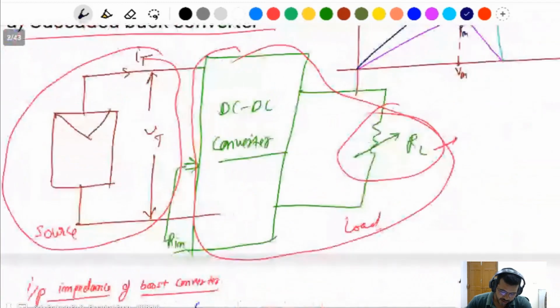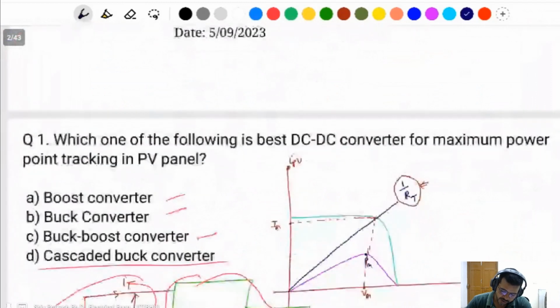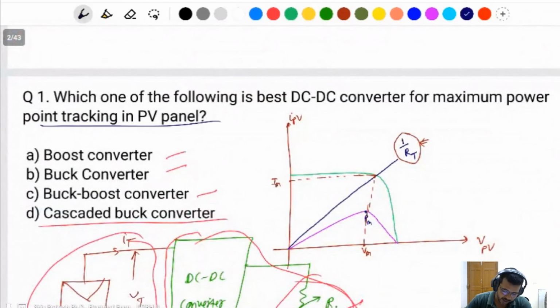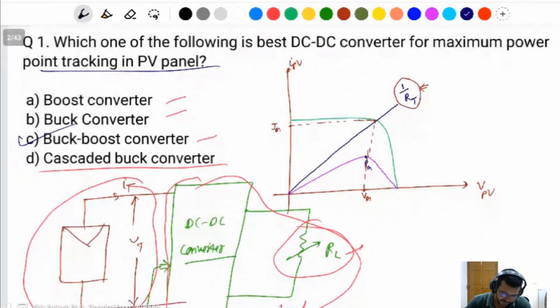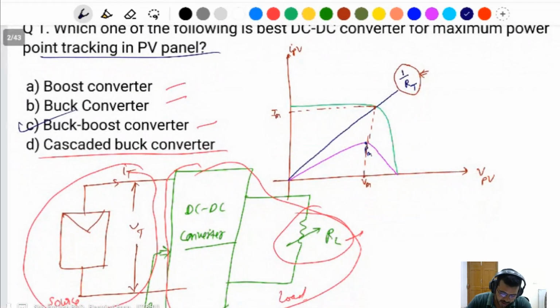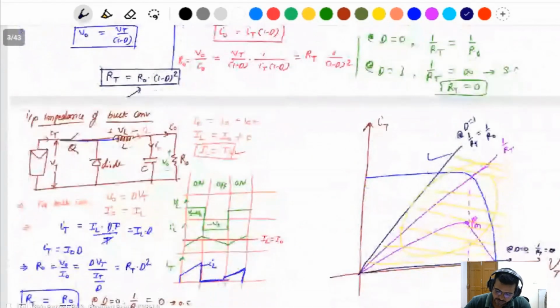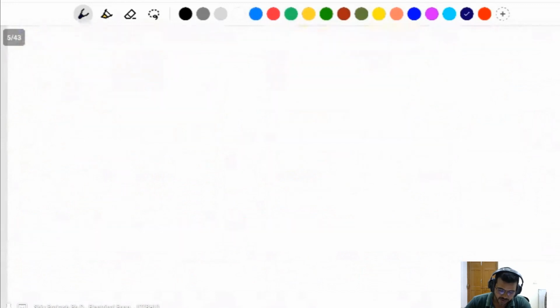That's why the best DC converter for maximum power point tracking is the buck boost converter. The cascaded buck converter is the same thing, buck converters connected back to back in series only. The same buck converter has a different region, not the full region, but the buck boost converter has the whole region of the PV system.